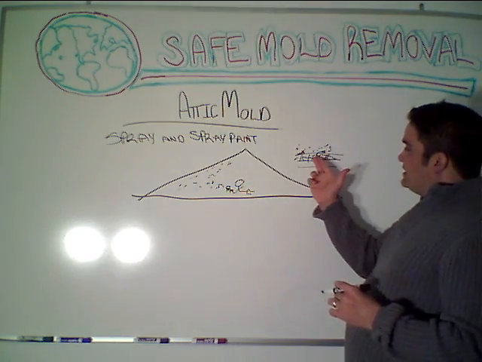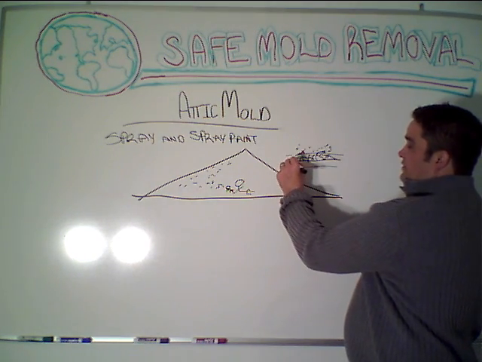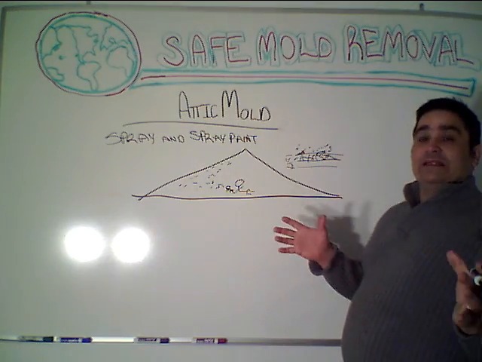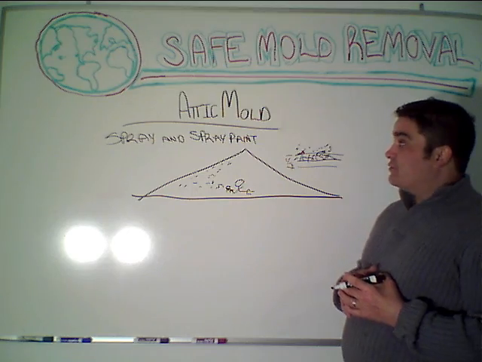And killing these root structures that permeate this 1/2 inch or 3/4 inch thick piece of plywood is really the most important part of the mold remediation protocol.